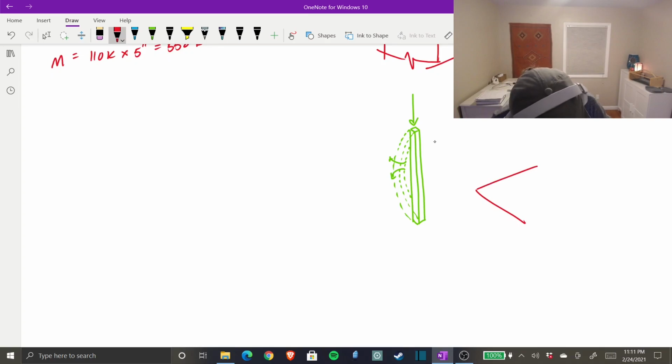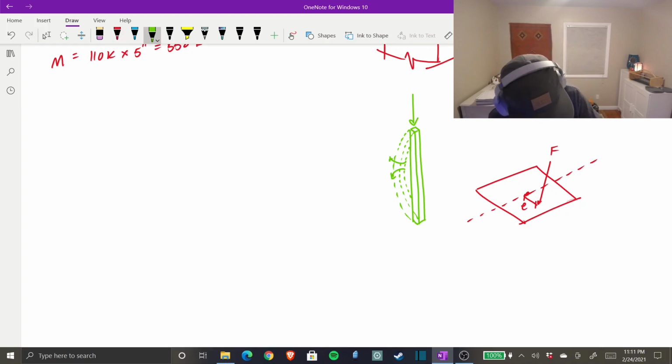So if I draw that one more time, here's the centroid of our column. We have force acting right here. We have E as our eccentricity, and what that's generating is, if I call this axis XX, we have force eccentricity about that axis.